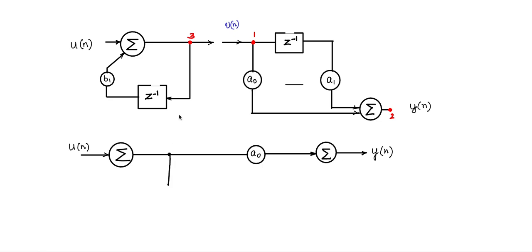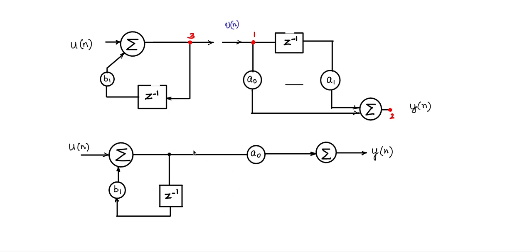And from here I am going to pick off, pass it through a unit delay, and back to the summer. So I will pass it through a unit delay and have a scaling factor B1 and to the summer.